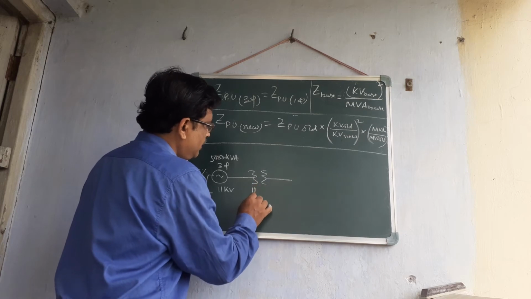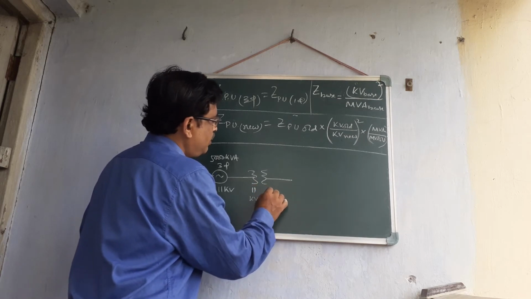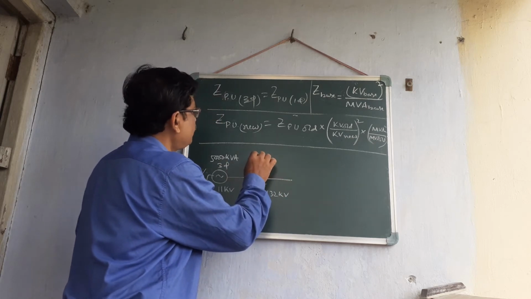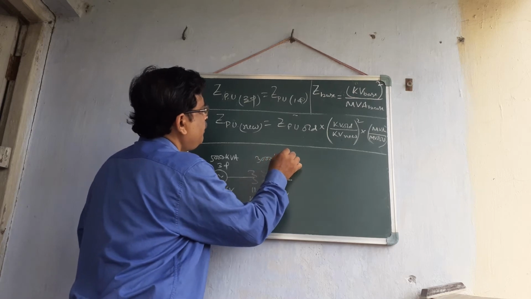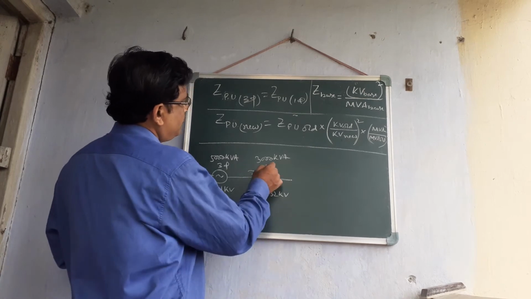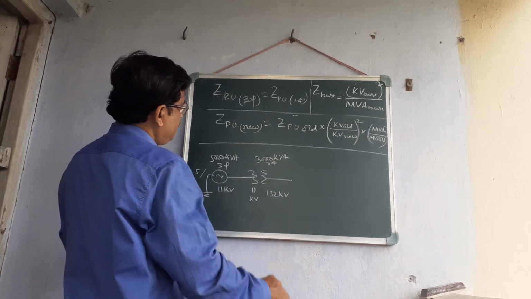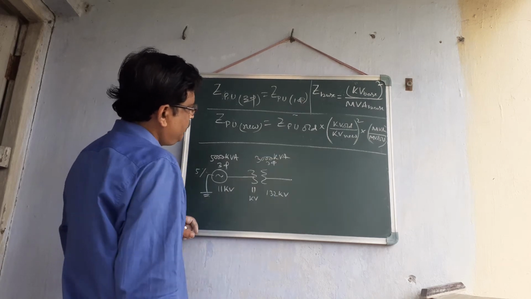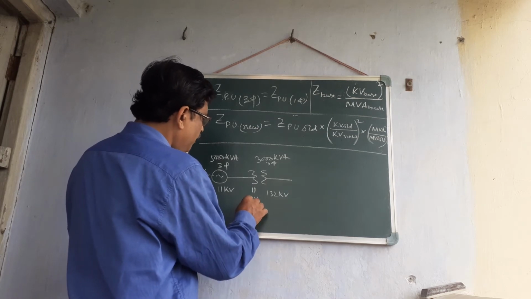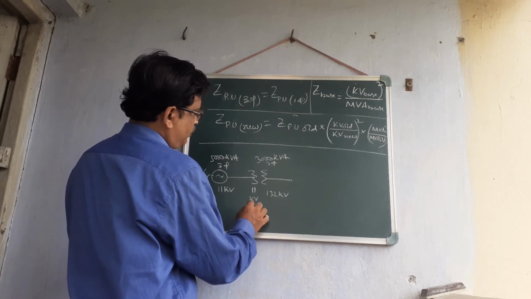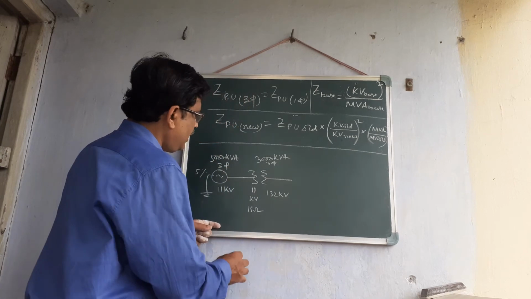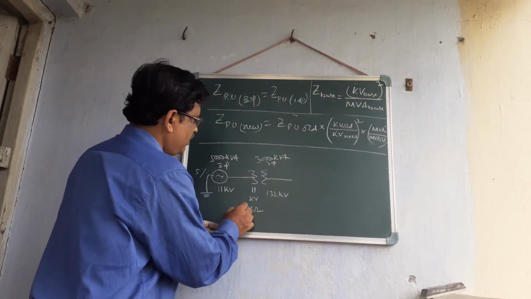Its one side is 11 kV, on the other side it is 132 kV. Suppose its power is 3000 kVA, obviously a 3-phase system, 3000 kVA and 11 kV, and suppose 15 ohm on the LT side. What is that? It's reactance.